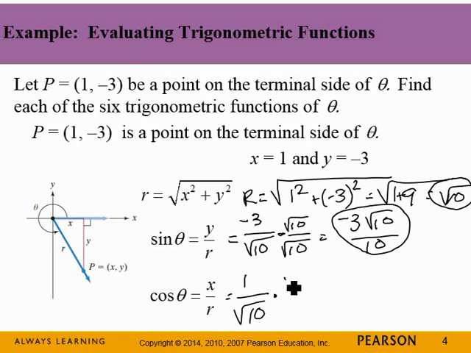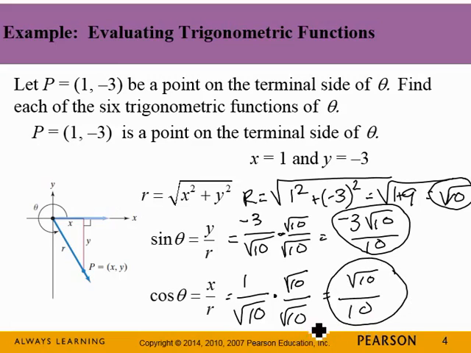Again, you can't have a radical in the denominator. So all I'm doing here is, you found your radius, or your r, which is your hypotenuse. That's your denominator, and then you take x and y from whatever your points are.